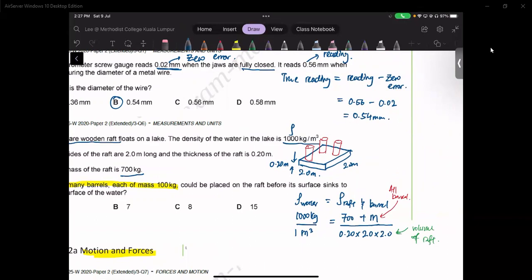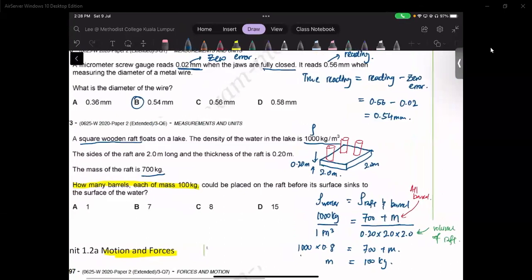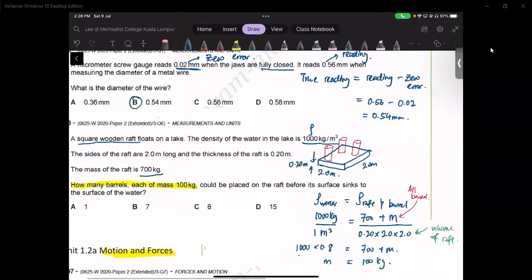The volume is 0.8. So I times 0.8, and then this is 700 plus M. Wait, how could it be 0.8 meter cube?